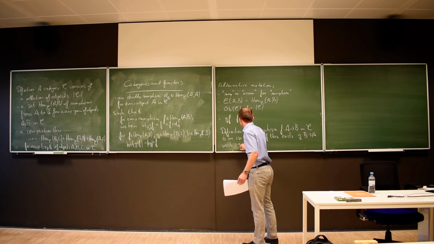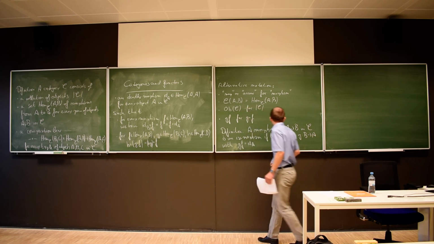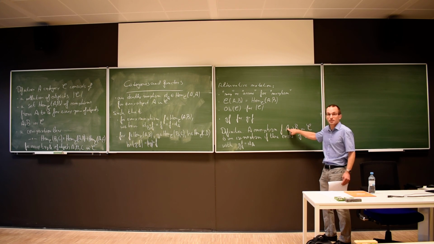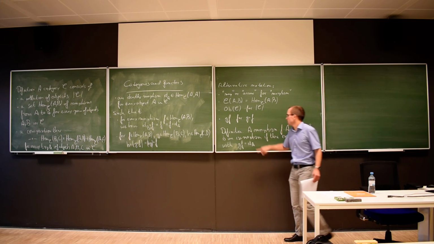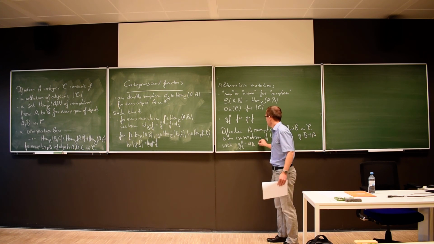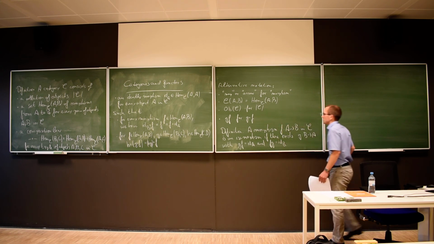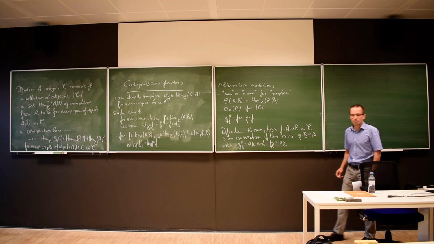So meaning that GF is the identity on A, so that's a morphism that starts in A, goes to B. So the composite is a morphism that starts in A, goes to B, and then goes back to A, so this may or may not be the identity on A, and this is what we require when it is an isomorphism. And the other way around, we require that the composite, first G, then F, is the identity on B. So this is the notion of an isomorphism.